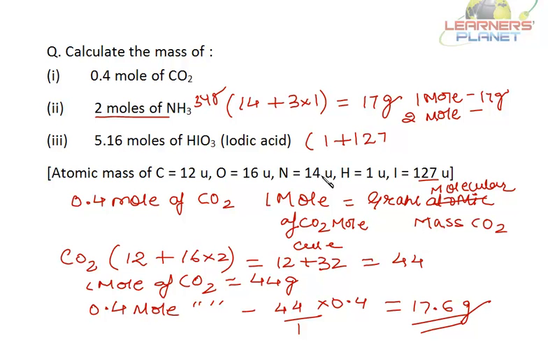What is gram atomic mass? It is the amount of substance whose weight is equal to the atomic mass of that substance, or the amount of a particular element whose mass in grams is equivalent to its atomic mass, right?